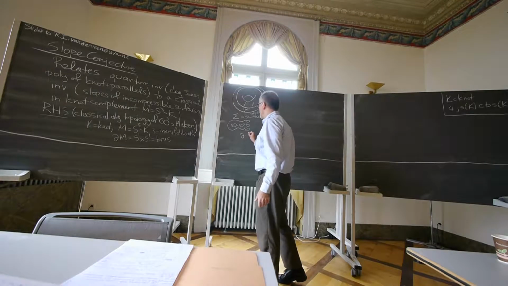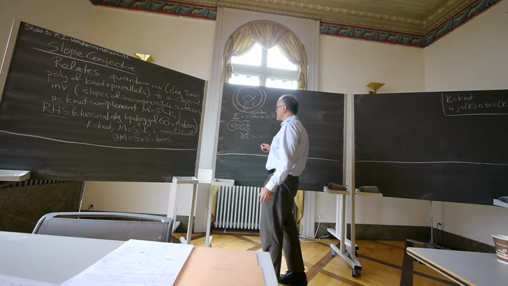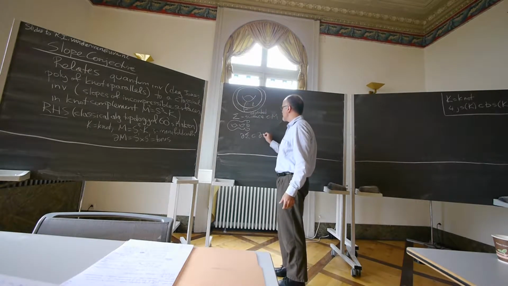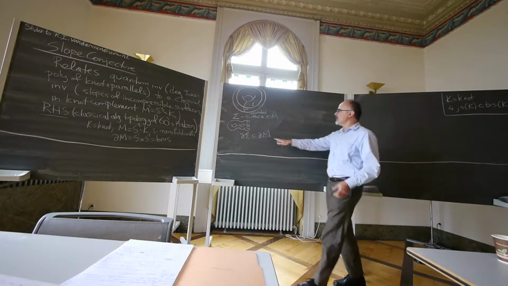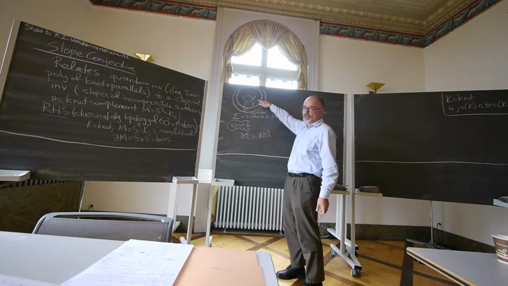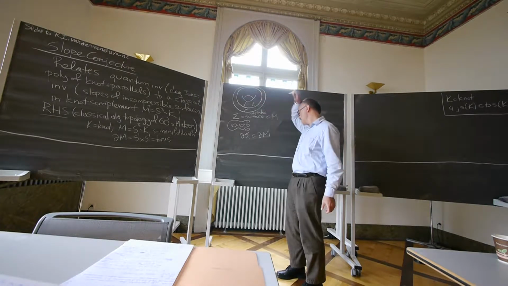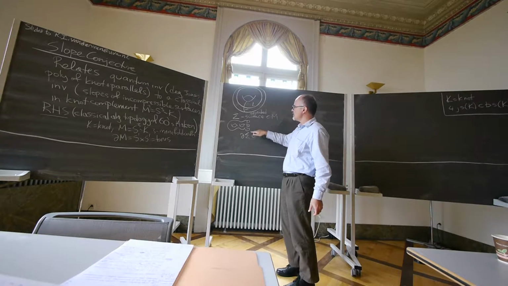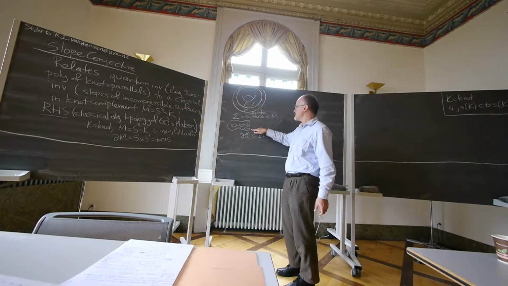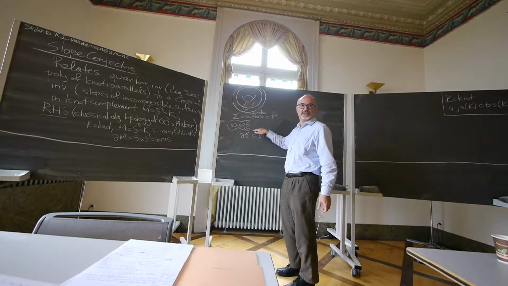So I'm only going to be talking about embeddings of surfaces where the boundary of the surface goes to the boundary of the manifold. The boundary of the manifold, we decided, is a standard torus. And the boundary of the surface is a finite union of circles, here 3 circles.